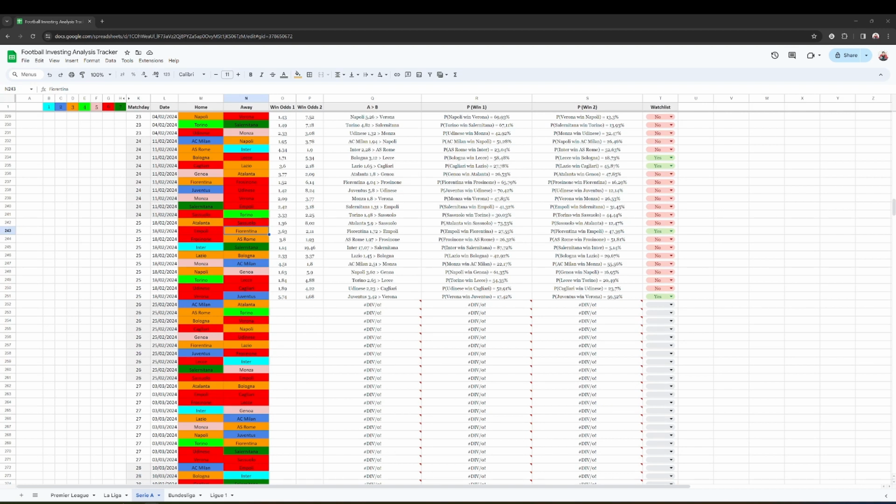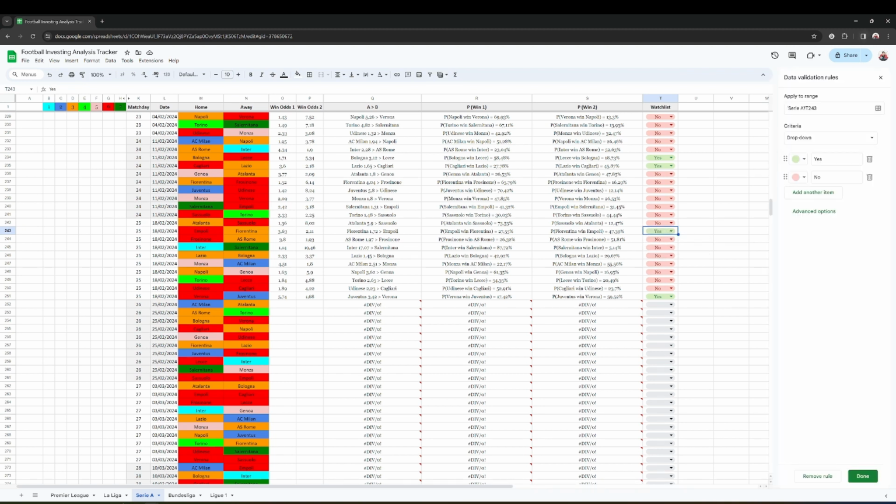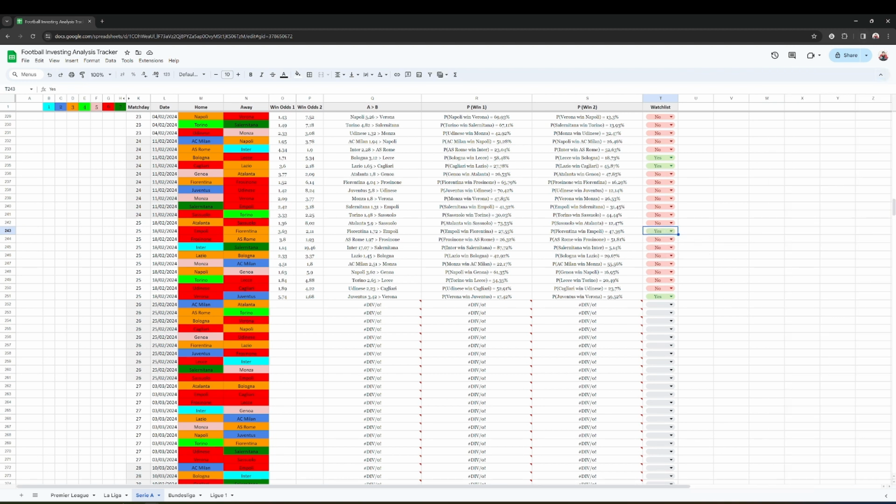They lost with Lecce. Well, Lecce is number 6. Okay, no. That's a no because Fiorentina in general is underperforming, I think, and that's not a reason to invest. So I leave this one here.